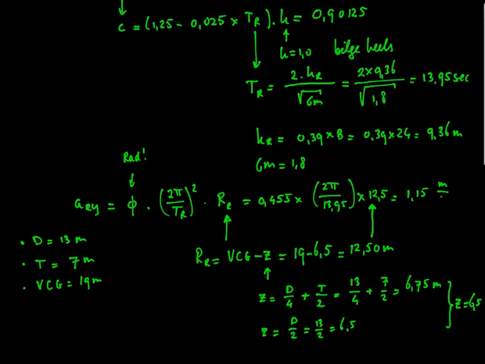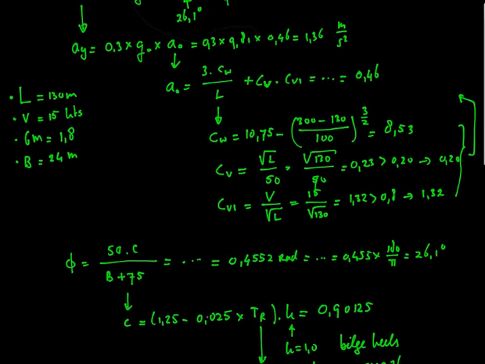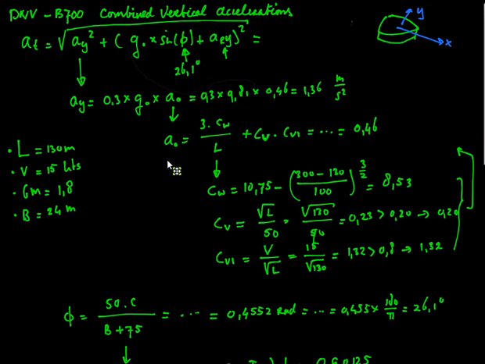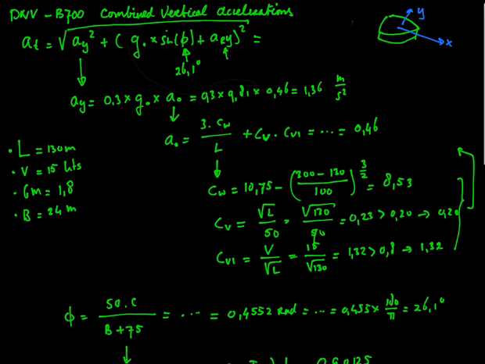We can put that in over there, so we have 12.5, and this gets a 1.15 meters per second squared. So now we have pretty well all the accelerations calculated, and now we have to calculate the total combined vertical acceleration. So this was 1.15 meter per second squared.